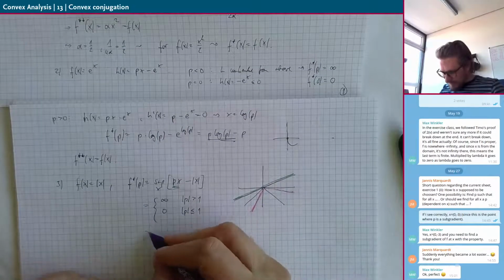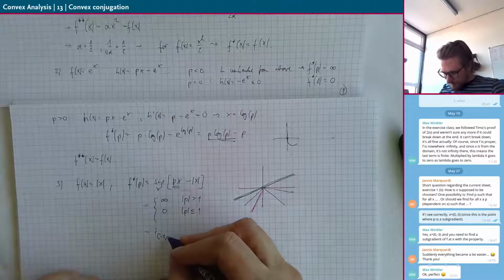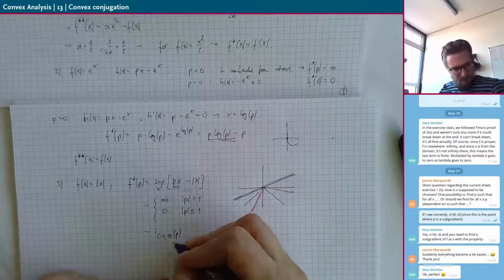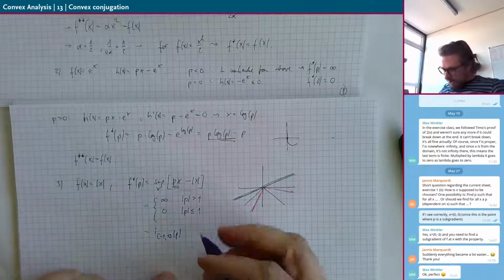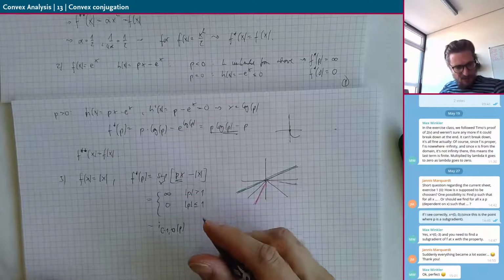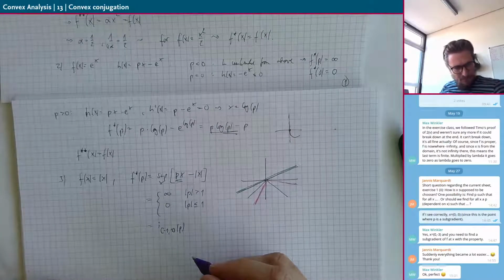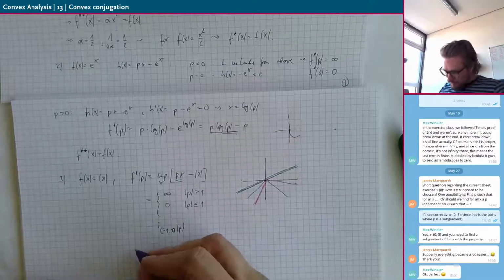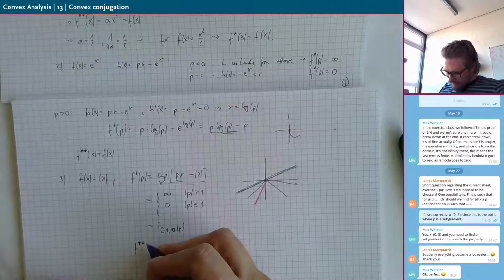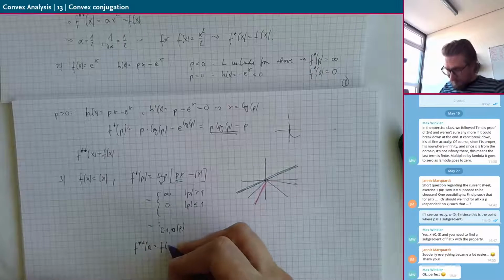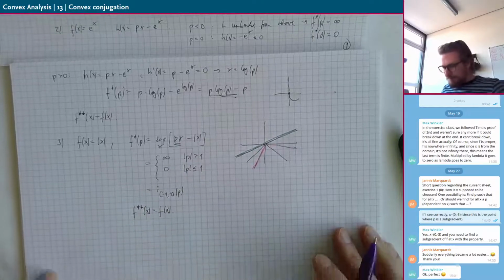So this is actually the indicator function of the closed interval from -1 to 1. And what is also true, if you calculate the biconjugate of that, you will get f back. Okay.